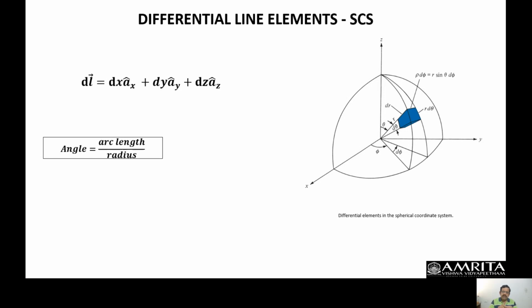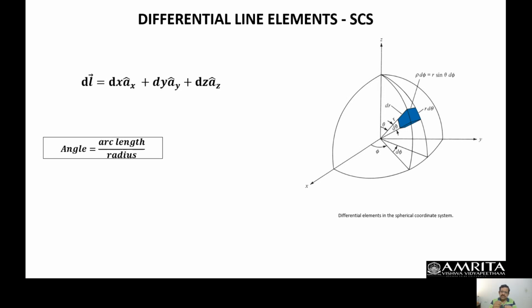When we make a small movement in the angular direction, a very small step, like a newly born baby, say around 6 months or something, when it takes small steps moving from one coordinate to another in our homes, it takes a very infinitesimally small element.